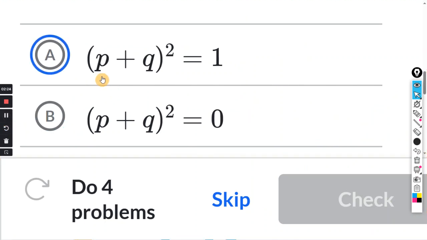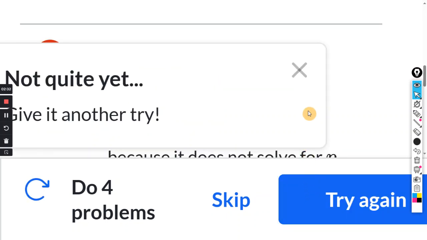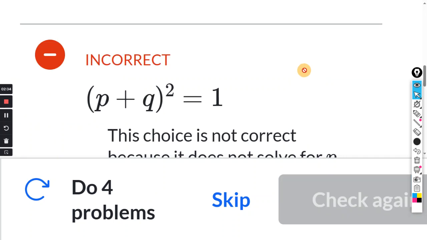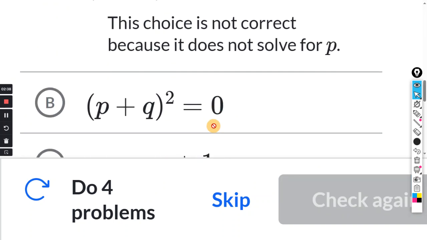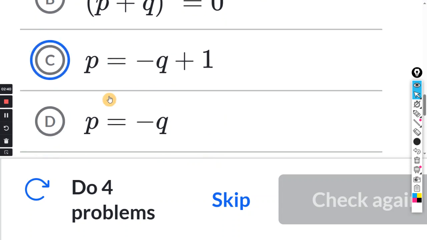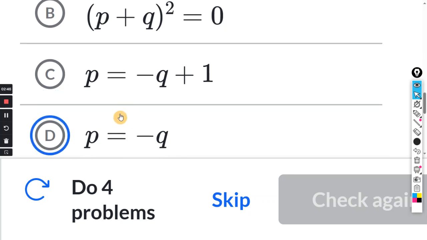All right, so even though I was able to factor, I suspect this is not correct. So let me just try it. Okay, there you go. So it does not solve for P. All right, excellent. So just like I thought, we need to do one of these answers right here. These are the only two with P equals.